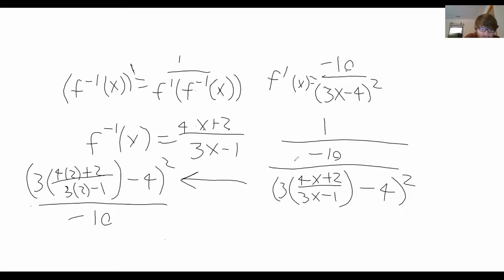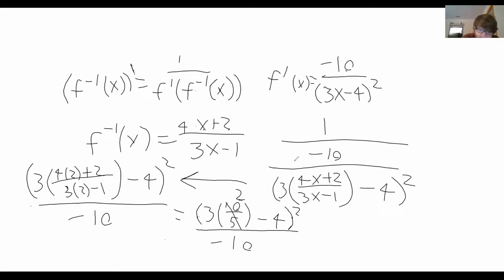And if we just calculate this, we're going to get that this is equal to 3 times, that's 4 times 2 is 8, plus 2 is 10 on top. 3 times 2 is 6, minus 1 is 5. So this whole thing is 10 over 5 is just 2, right? Minus 4 squared over minus 10.